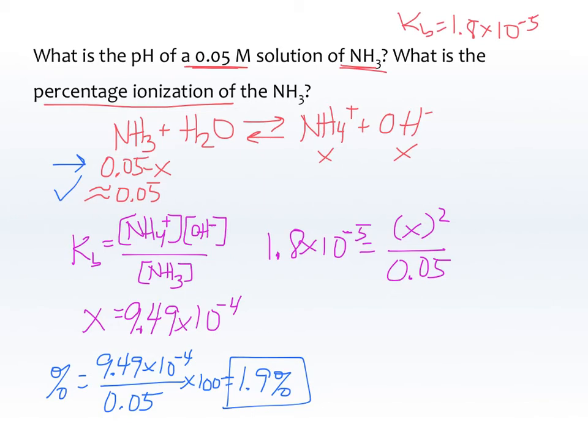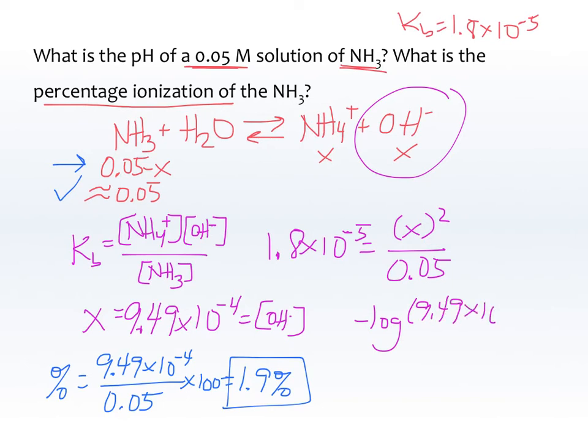So now let me go back and say, what's the pH? So this 9.49 times 10 to the negative 4 is x, which means that this is OH minus. So when I take the negative log of 9.49 times 10 to the negative 4, and I get 3.02, what I'm actually getting here is the pOH, not the pH.